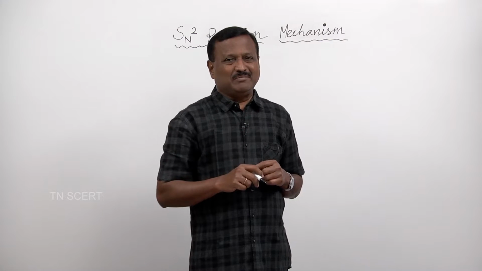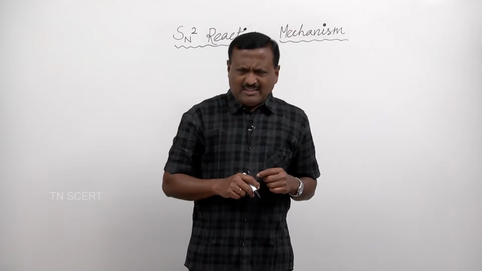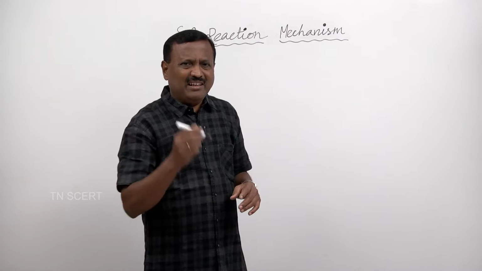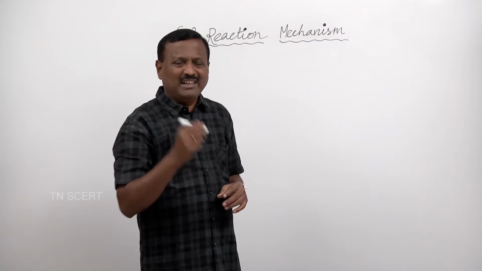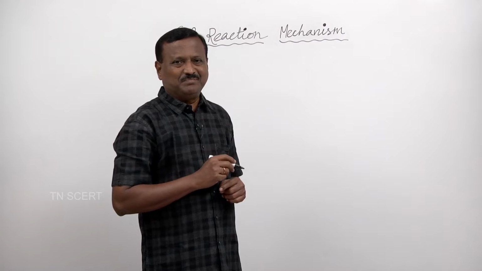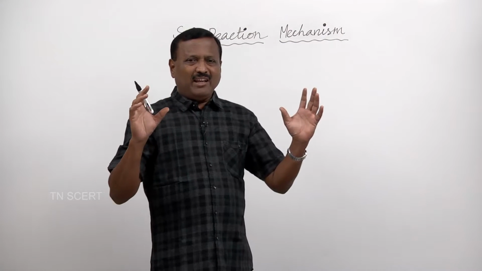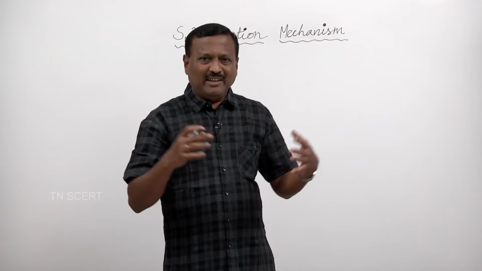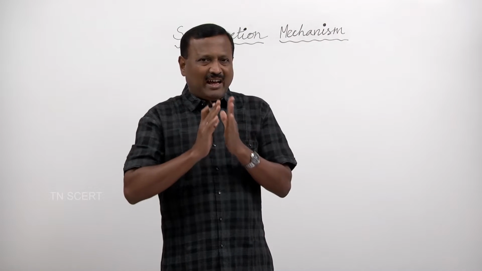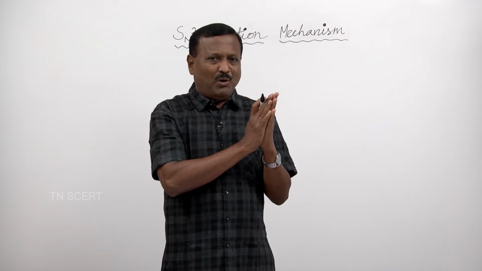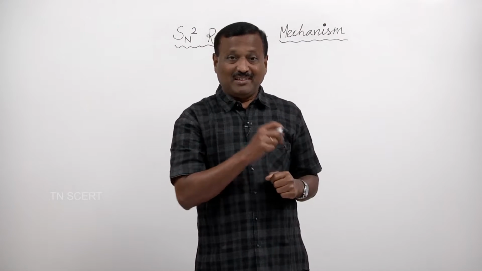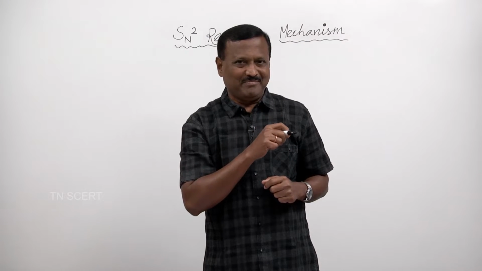These SN2 reactions are completed in a single step. The reacting molecules, that is alkyl halide and nucleophile, combine to form partial bonding and it forms an intermediate. Let us take an example.